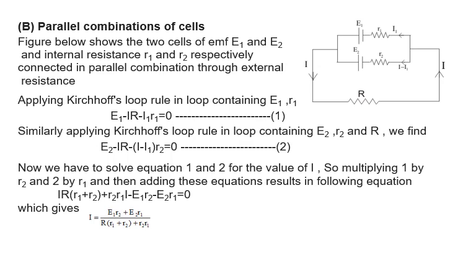So by applying Kirchhoff's law in the loop containing E1 and R1, and again in the loop containing E2, R2 and capital R, you get these two equations, and on solving these you will get the value of current.